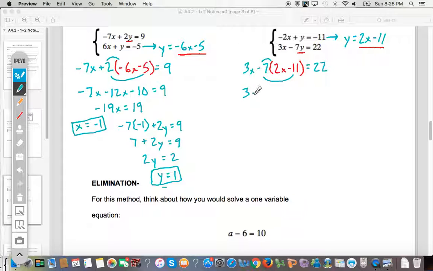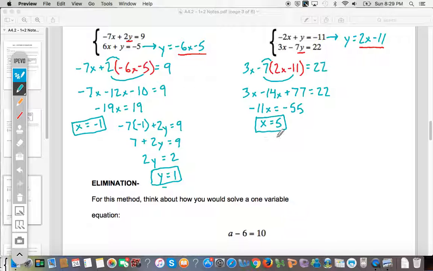I have 3x minus 14x plus 77 equals 22. Okay, so I'll combine 3x minus 14x is -11x. I'll subtract the 77 over, so 22 minus 77 equals -55. So I know x equals 5.